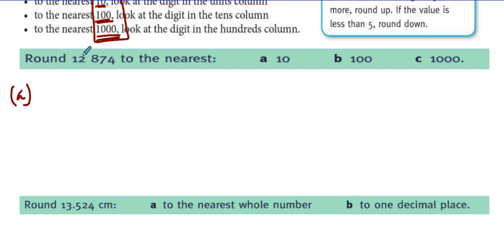To the nearest 10. So you have 12,874. Let me write properly. We have this number. Then we want to round this number to the nearest 10. So this is ones, this is tens.